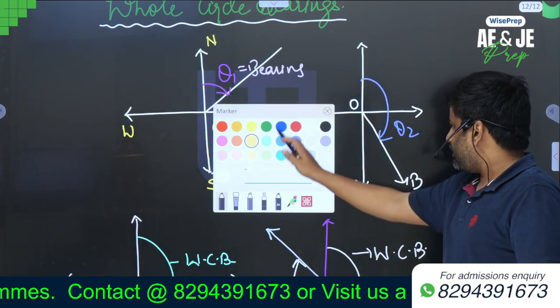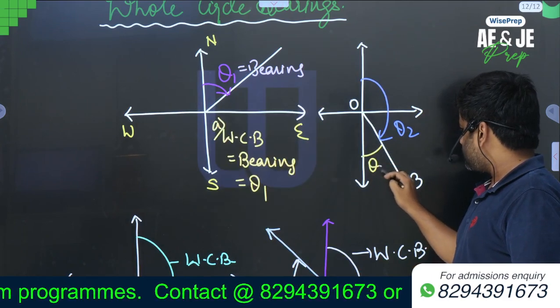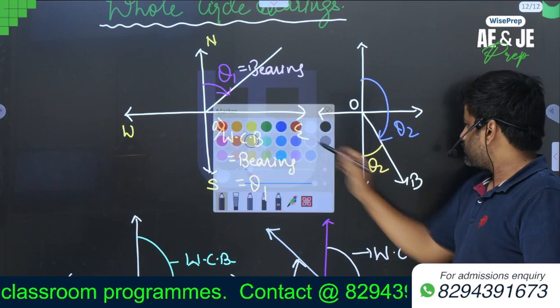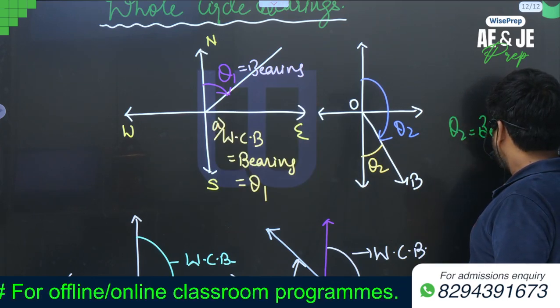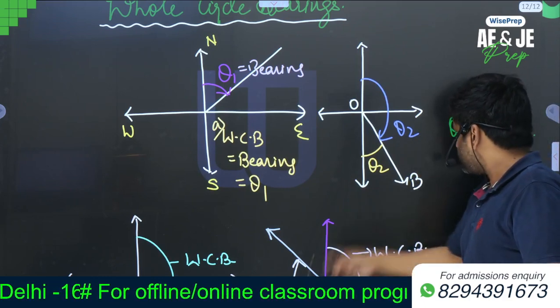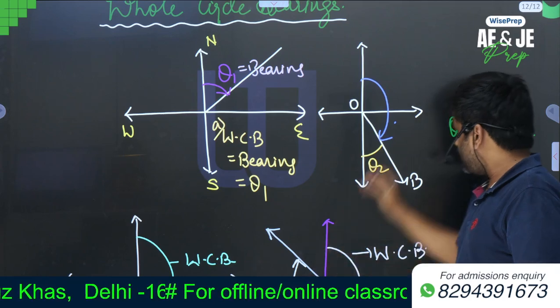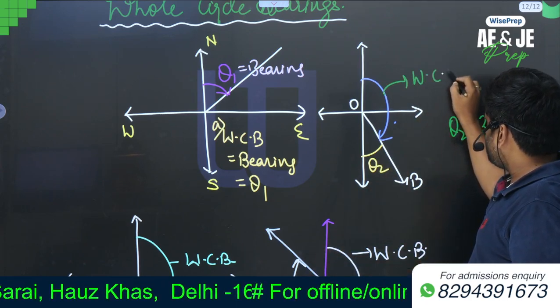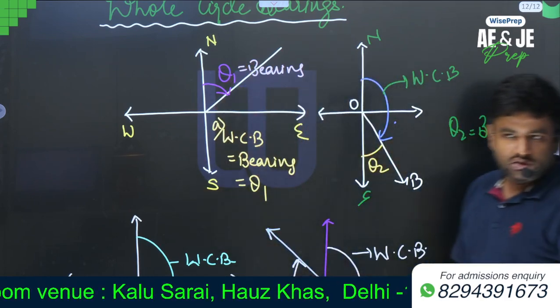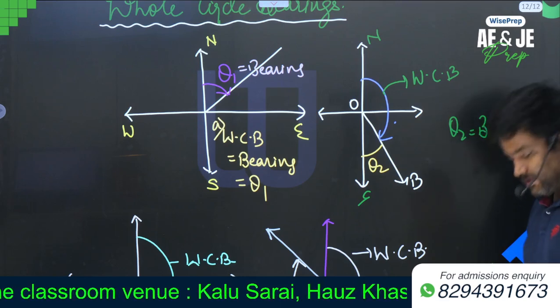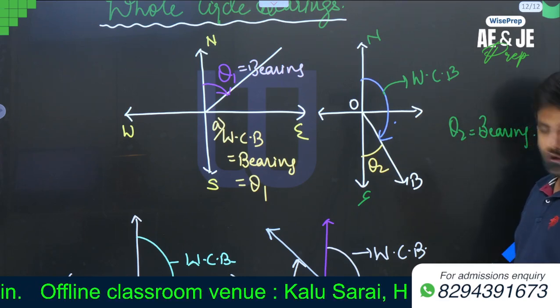Now let's see here. This is theta 2, and theta 2 is the bearing. Whole circle bearing has to be measured in the clockwise direction from north; take this as north and south.